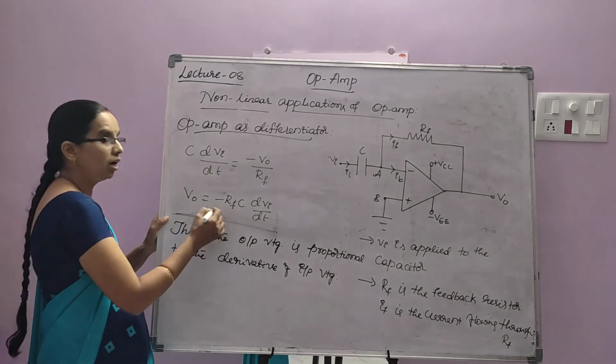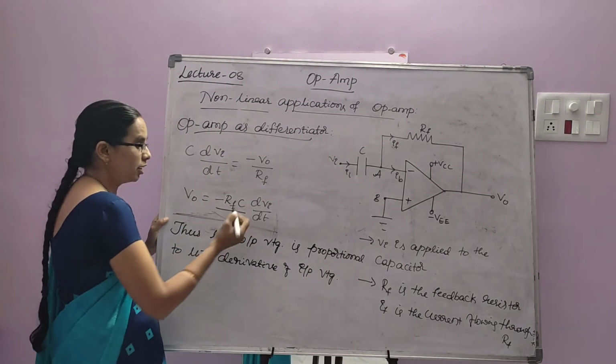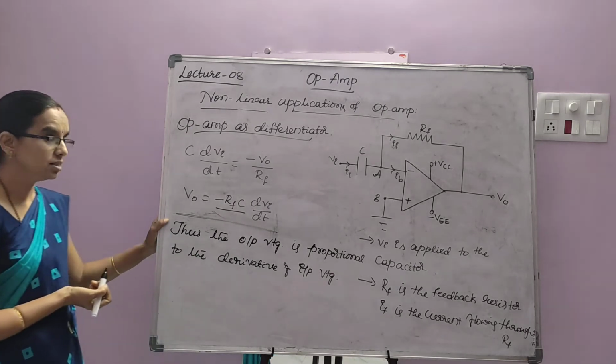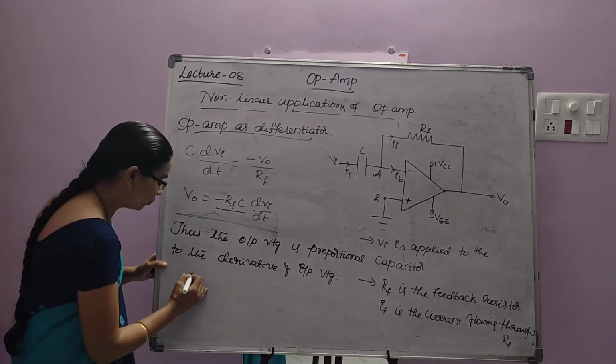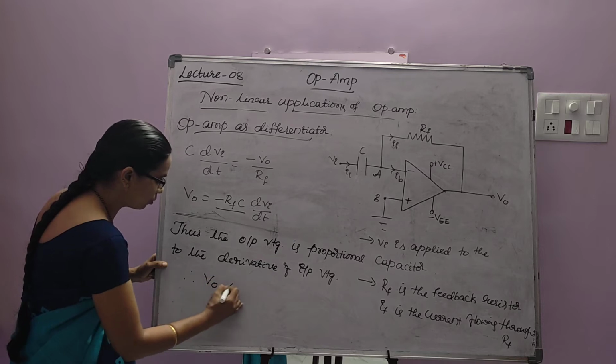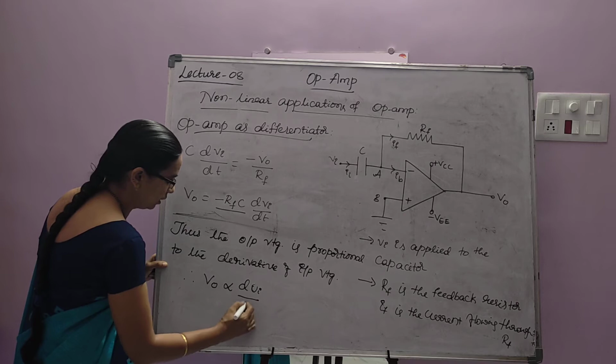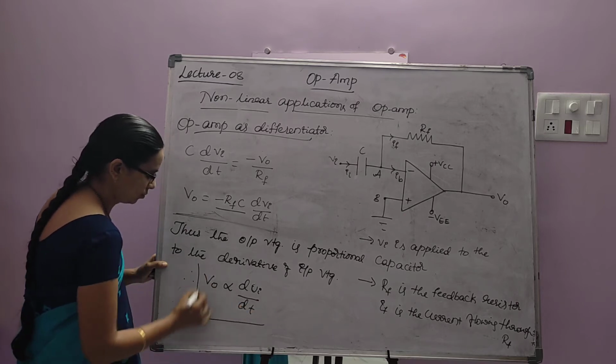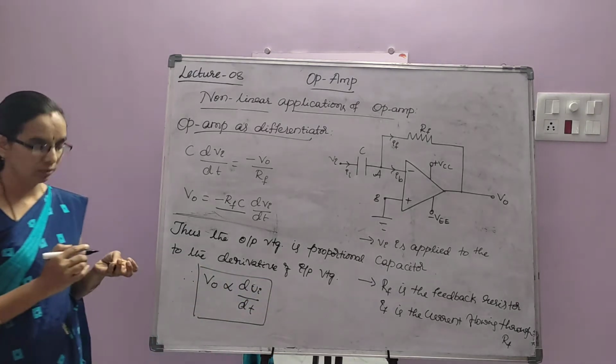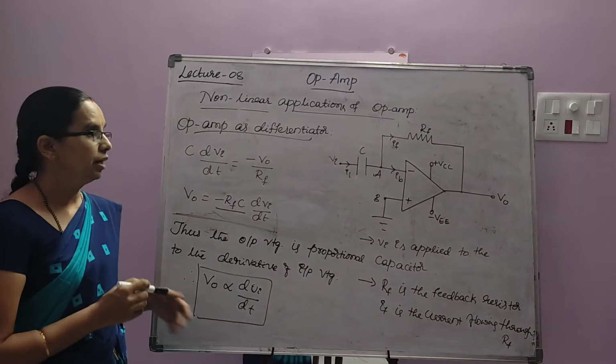How proportional, how it depends, is decided by the values of RF and C. So you can write V0 is proportional to dVi by dt. This is the expression for the differentiator.